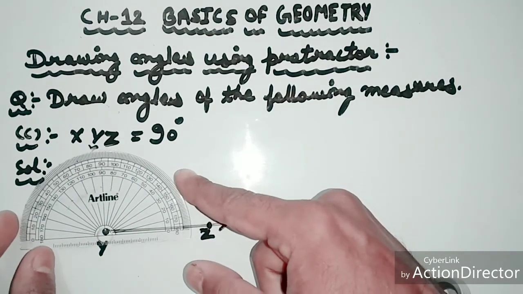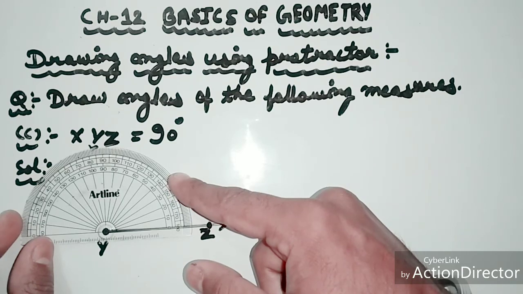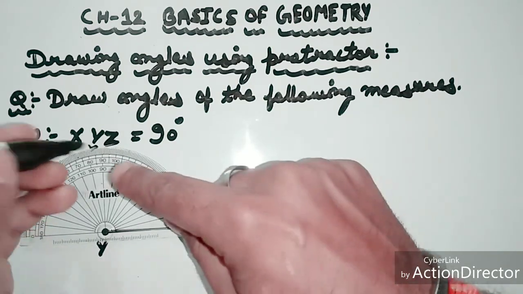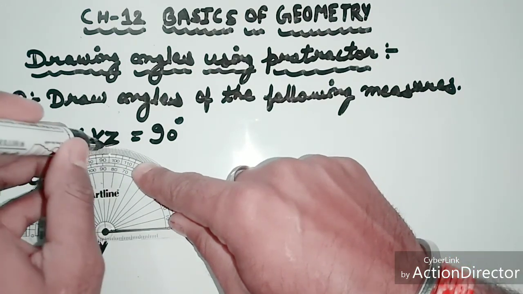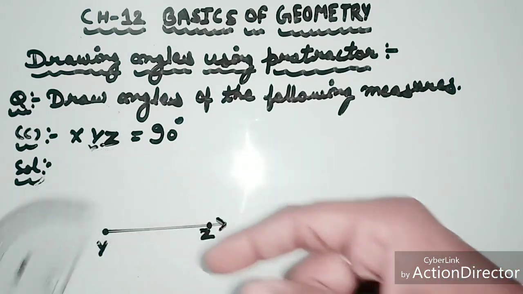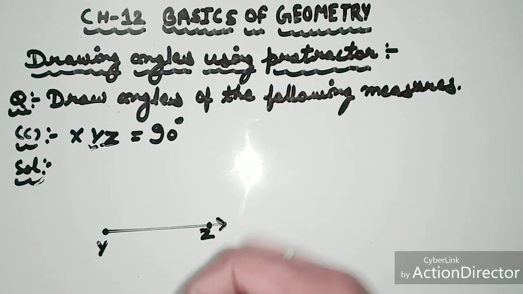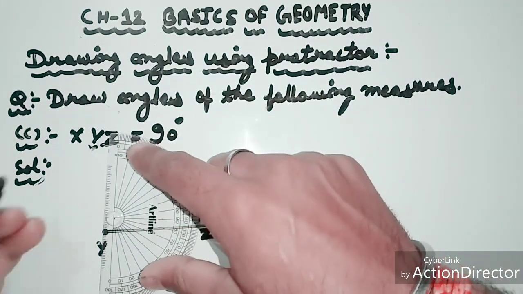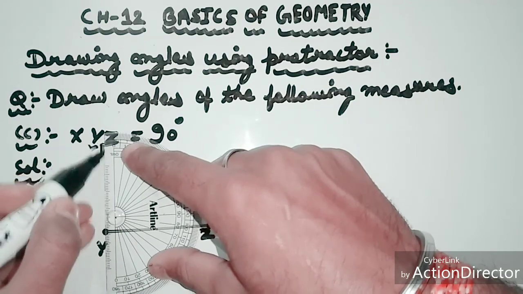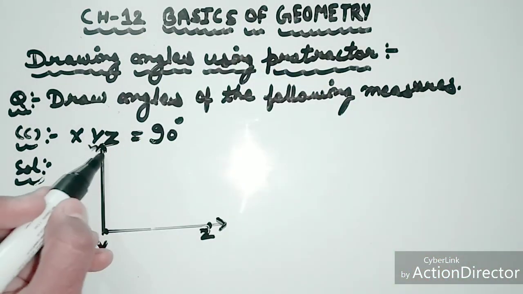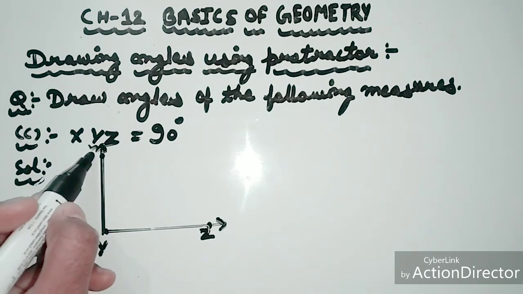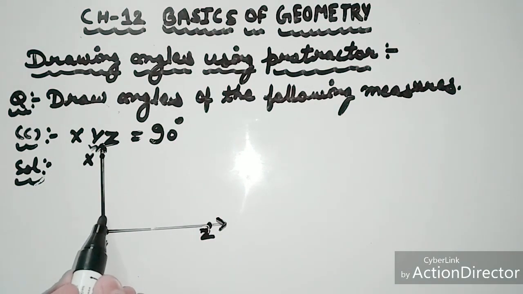First we align the center point with vertex Y and mark 90 degrees. Here we mark a point, and after that we join this point with Y and give the name of this point X. So here this angle is 90 degrees.